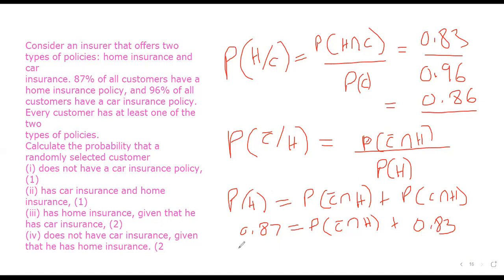Then 0.87 minus 0.83 will give us 0.04, which is the C complement intersection H. So here we put 0.04.